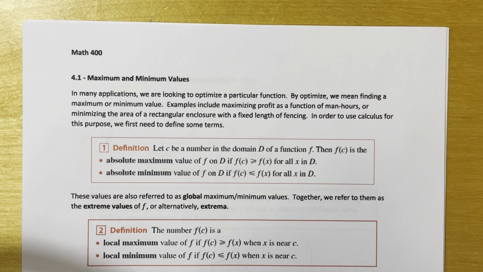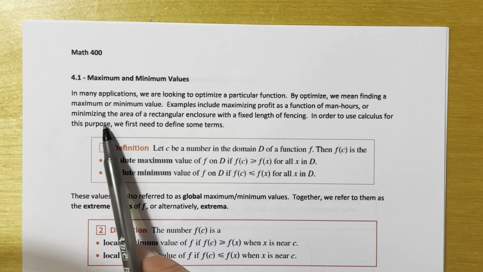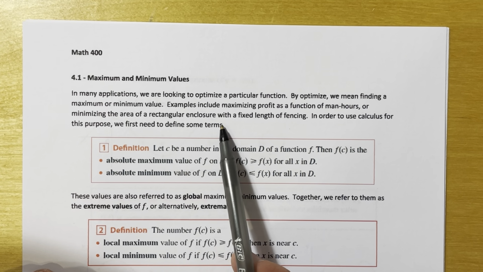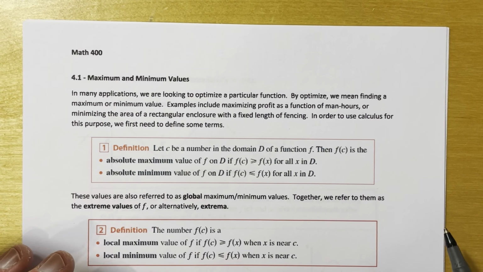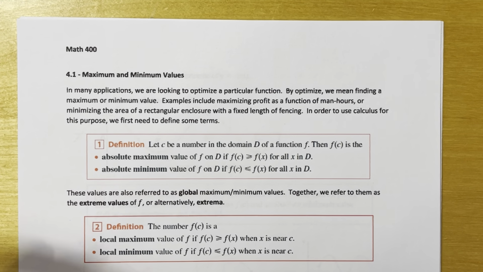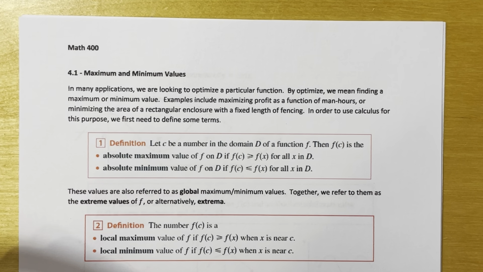Calculus can help us with that if we're able to come up with a function that does such a thing. Another example that we're going to look at is minimizing or maximizing the area of a rectangular enclosure with a fixed length of fencing. Maximizing is actually the more typical case that we'll be looking at there. But these are just some examples. We'll look at a lot more later on in chapter 4.